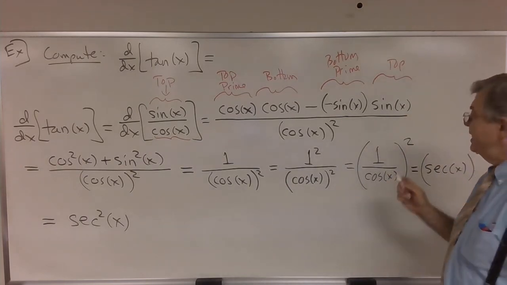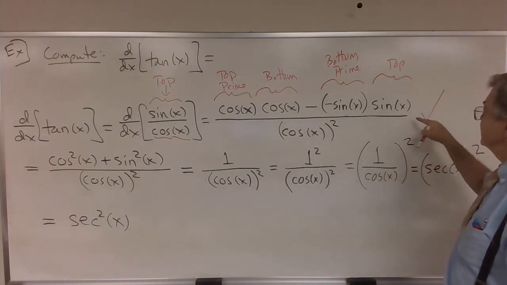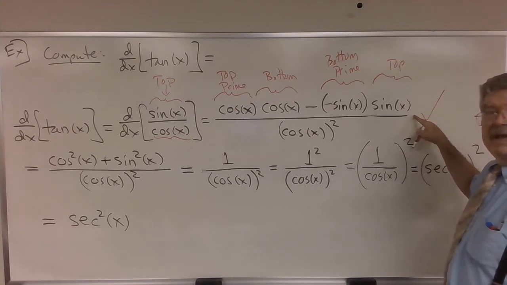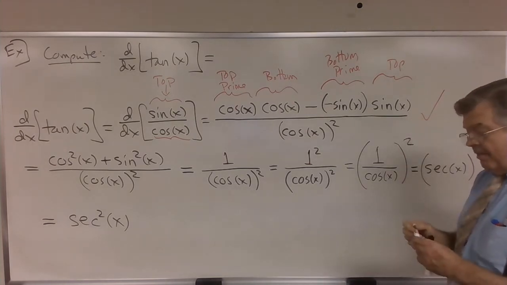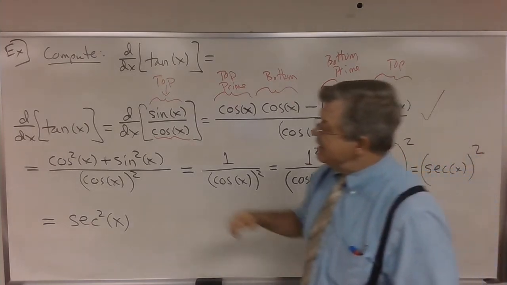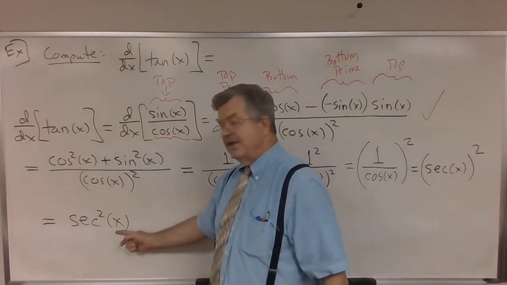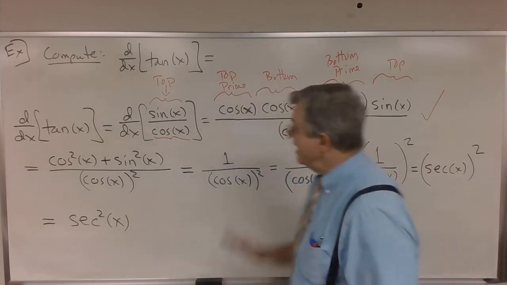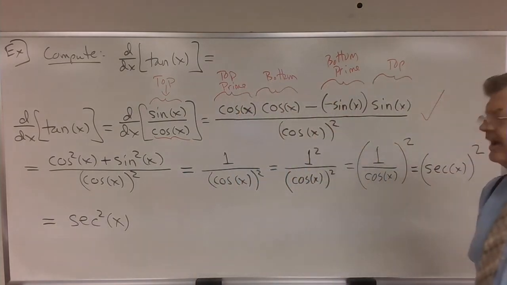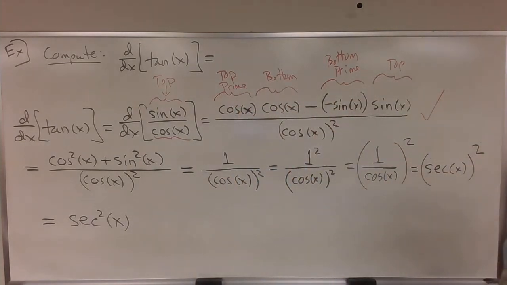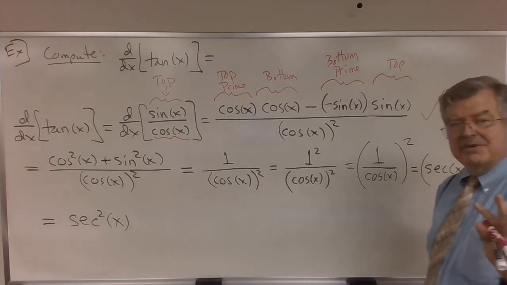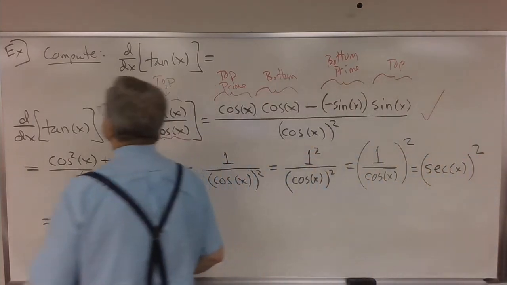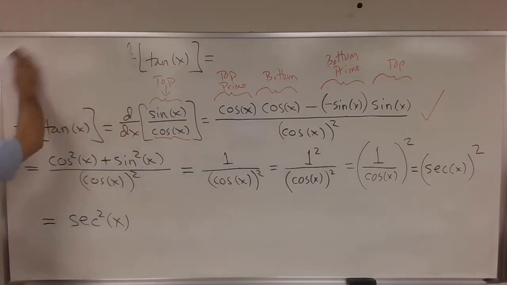Let me reiterate, technically I was done when I got to this point. I had computed the quotient. But just for the sake of getting the derivative of tangent in the universally accepted form, which is secant squared x, I did this extra algebraic manipulation. Now, let me not lose what I've just accomplished. Let me write that down.